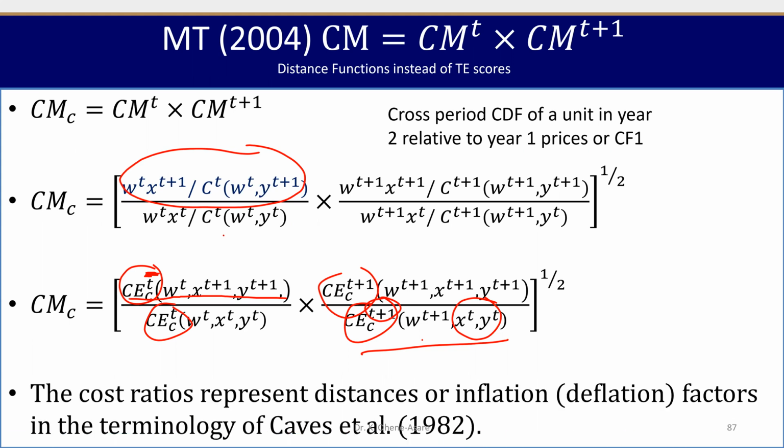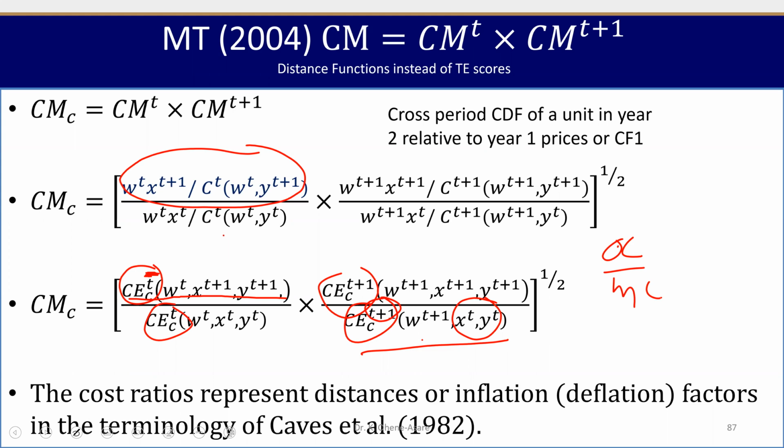What is this Cost Malmquist saying? All it's saying is that each ratio means observed cost over the minimum cost.